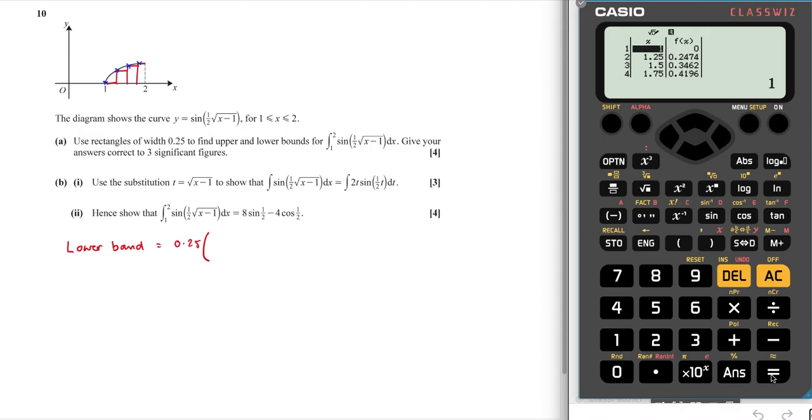So I'm going to use my heights this way around. I just want the first 4, I don't want the last one, because I want these ones at the left hand side.